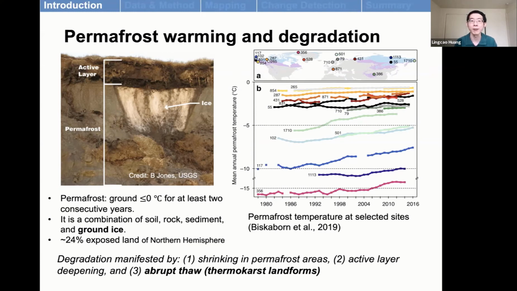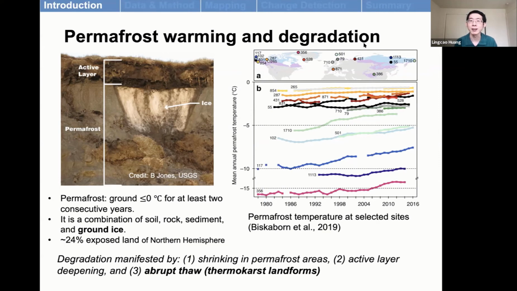It's a combination of soil, rock, sediments, and also ground ice. Ground ice is quite common, but not always present. And in the northern hemisphere, about 24% of the exposed land is underlain by permafrost.